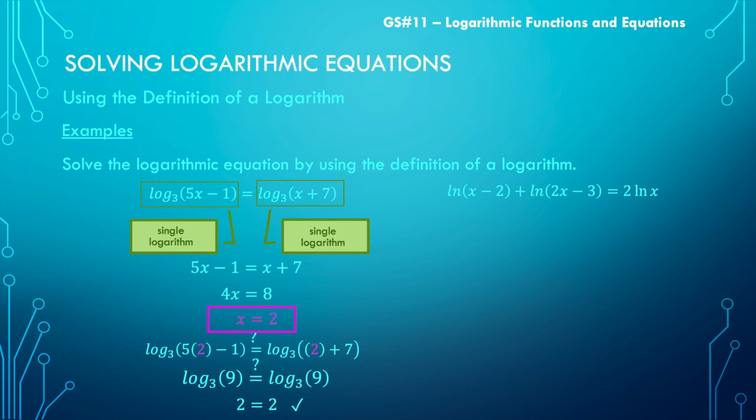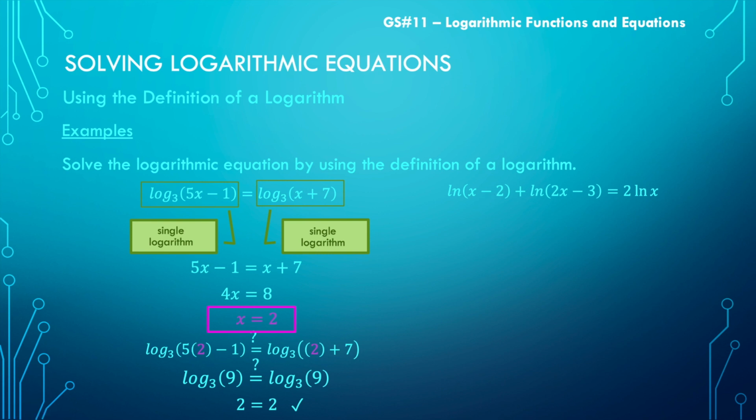So in the next example, notice that on the left-hand side of the equation, there are 2 logs. Well, I can't use this single log equals single log thing because there are 2 logs. 2 is not the same as 1. So I need to take that left-hand side and condense this into a single log before I drop the logarithms.